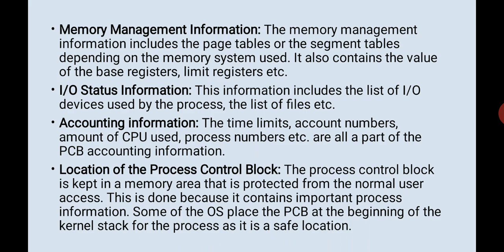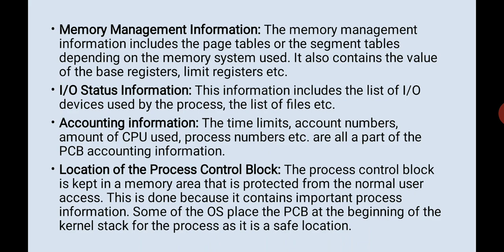Next is the location of the process control block. The process control block is kept in a memory area that is protected from normal user access, and this is very important. This is done because it contains important process information. Some of the OS place the PCB at the beginning of the kernel stack for the process as it is a safe location.